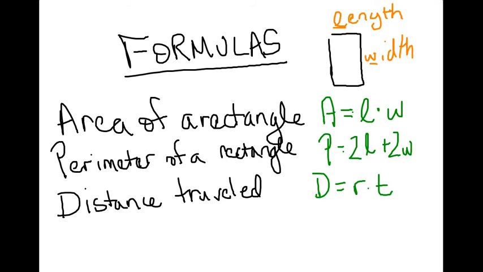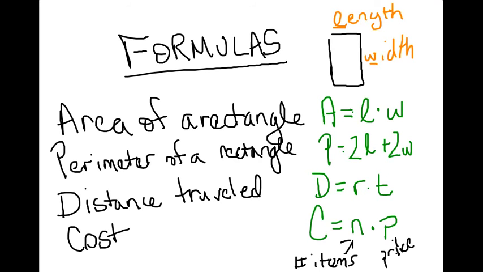We might also talk about the distance traveled. So d for distance equals the rate at which you travel times how much time you traveled. So distance equals rate times time. We'll also spend some time talking about cost. And cost equals the number of items times the price per item.